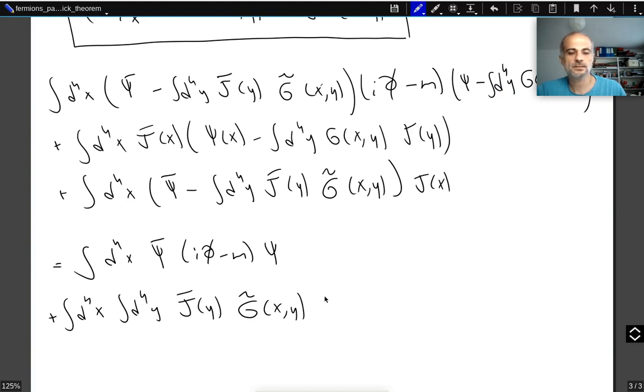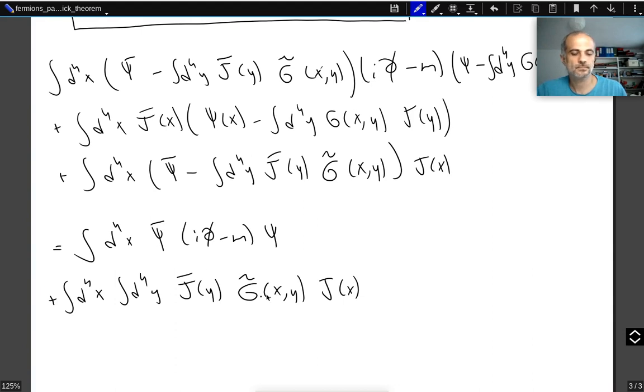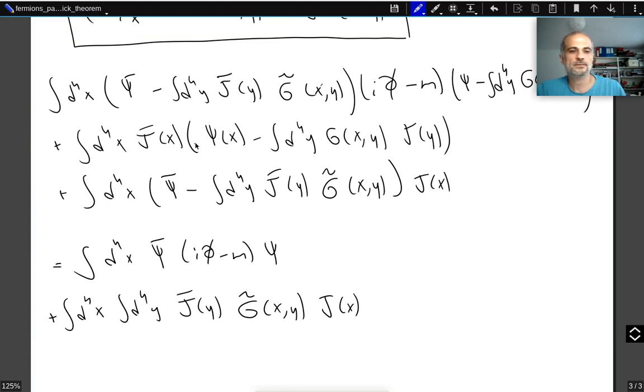So here I get j(x). Now let's continue. From this term I get a term linear in psi. I have this one which is not linear in psi.